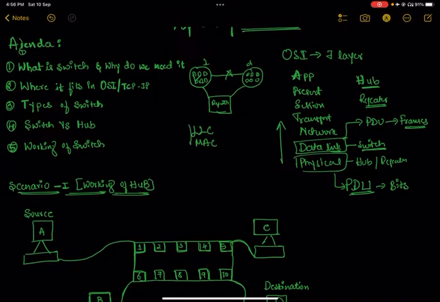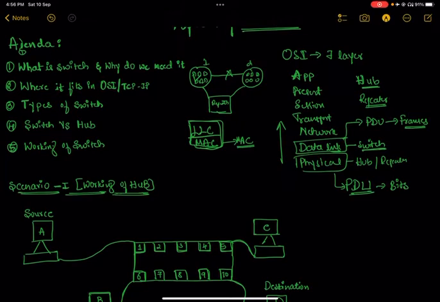So the data link layer is internally divided into these subdomains, or subcategories, right? Our switch works mainly on media access control, right?